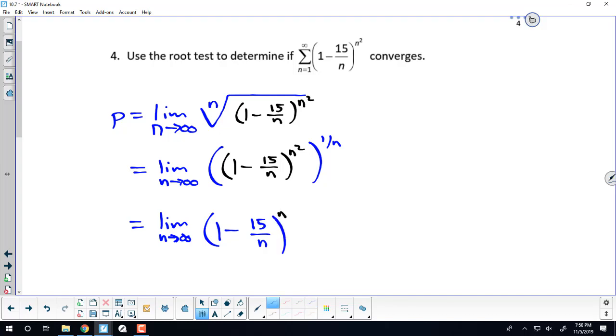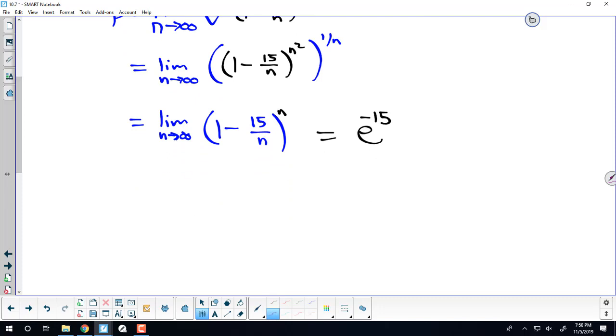That's that. And what is that limit? Careful. e to the negative 15.